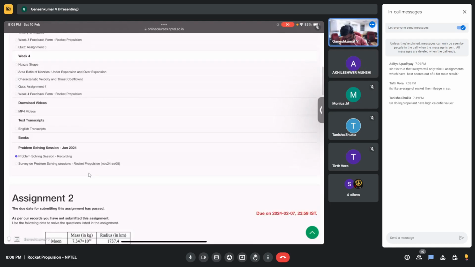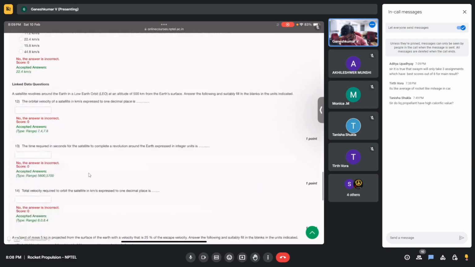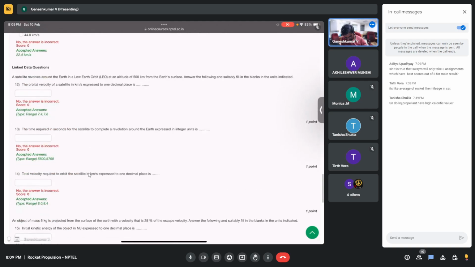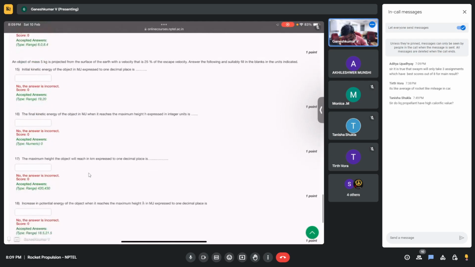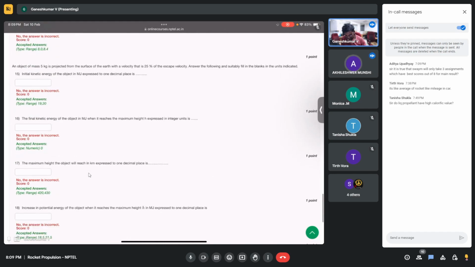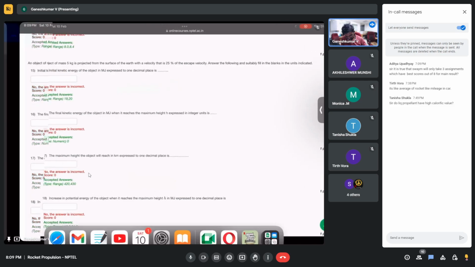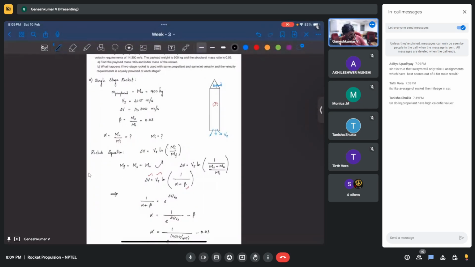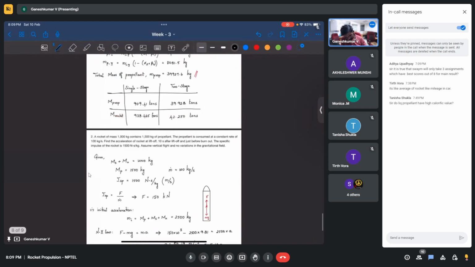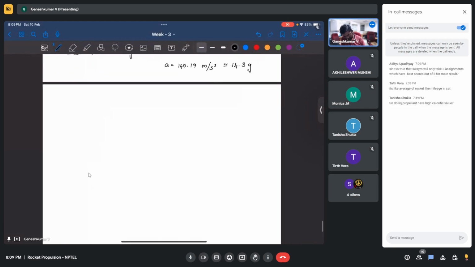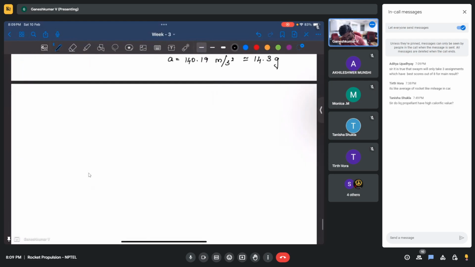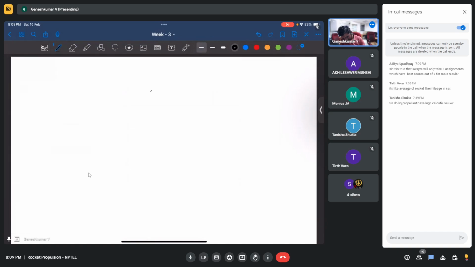Anyway, let's try to solve it. Maybe you might be right. An object of mass 5 kg is projected with 25% of the escape velocity.